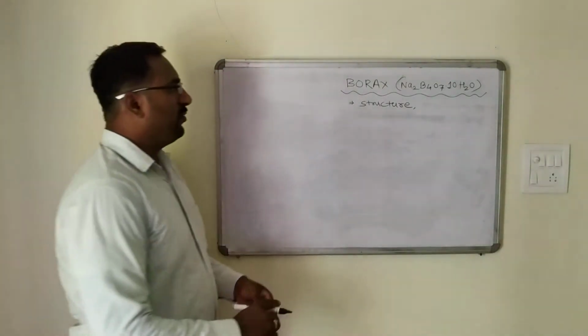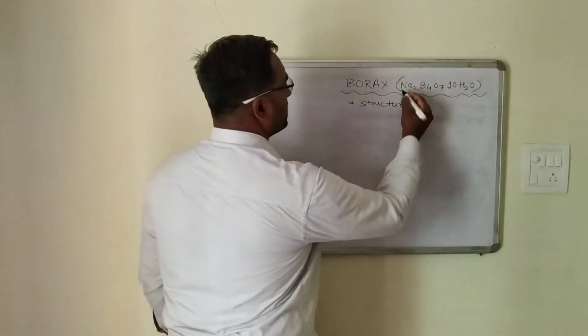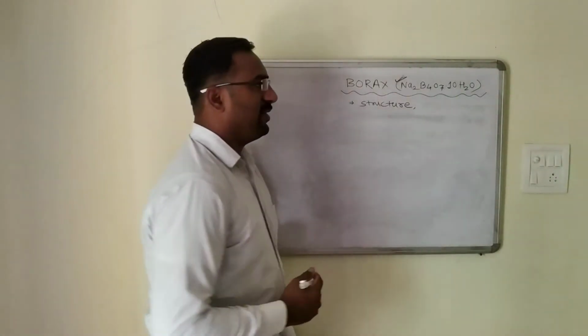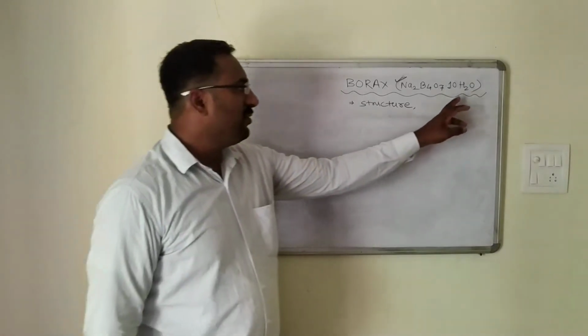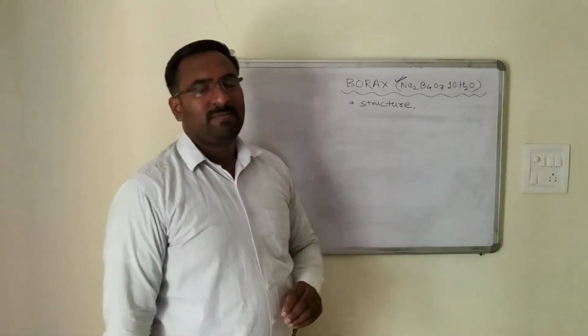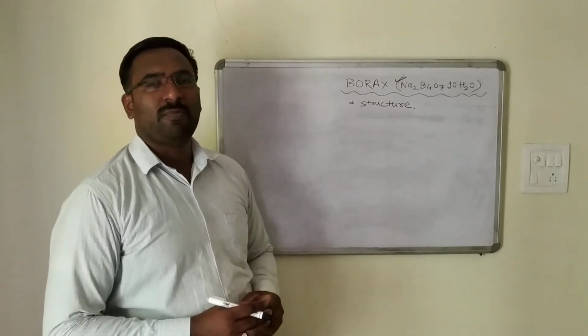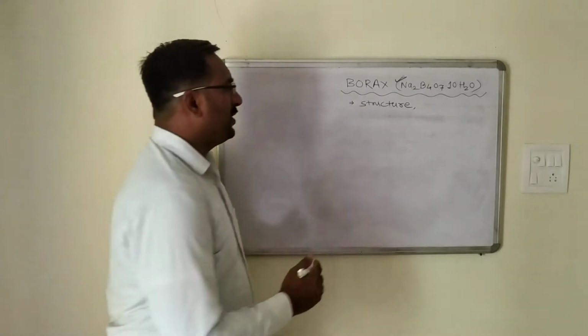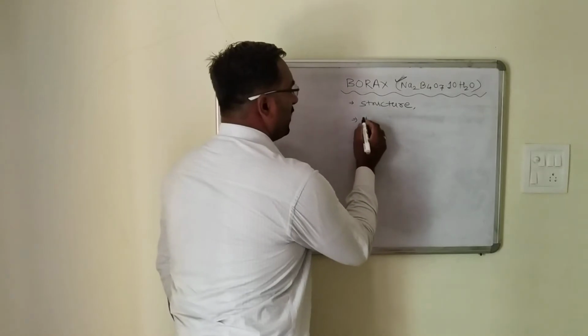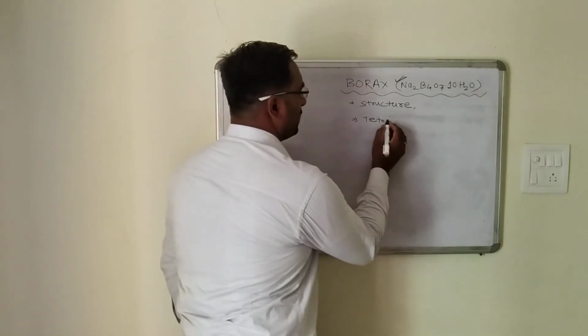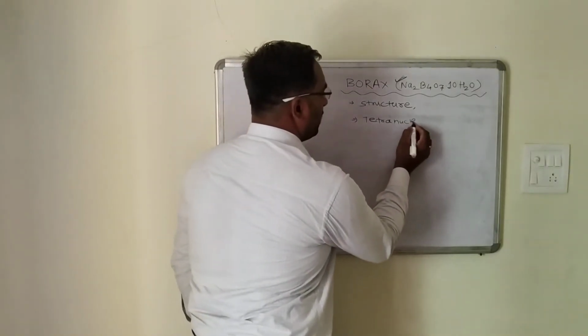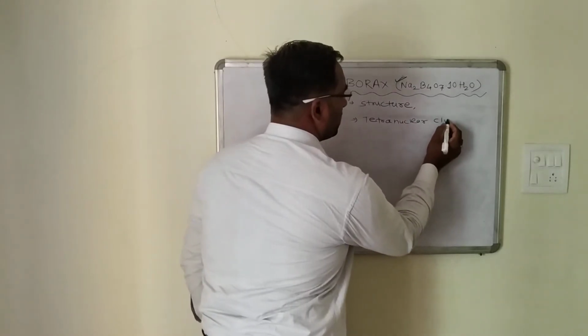So we know that the formula for borax is Na2B4O7·10H2O. This is the order of crystallization, but actually in borax it is present in the form of a tetranuclear cluster.